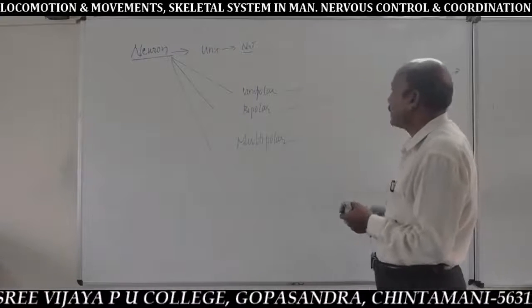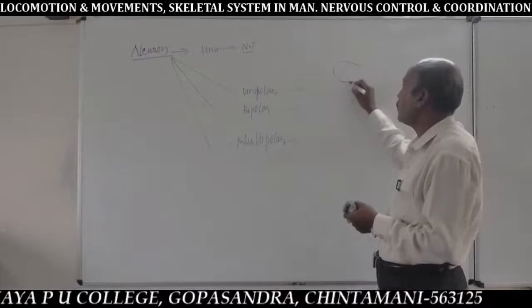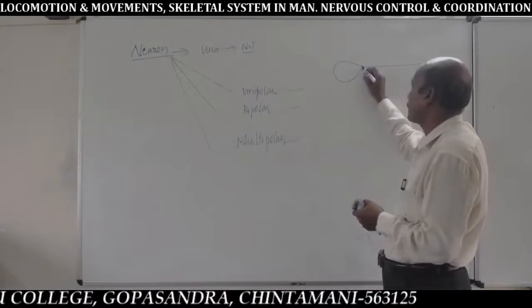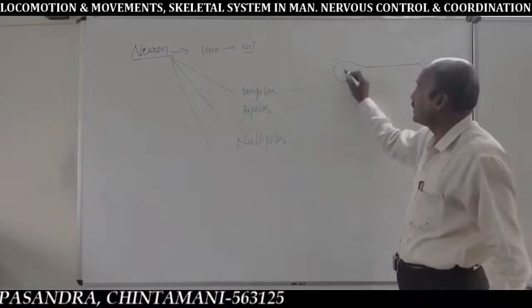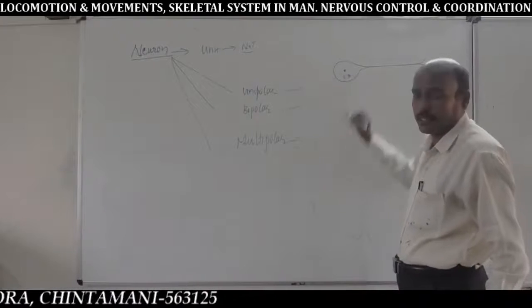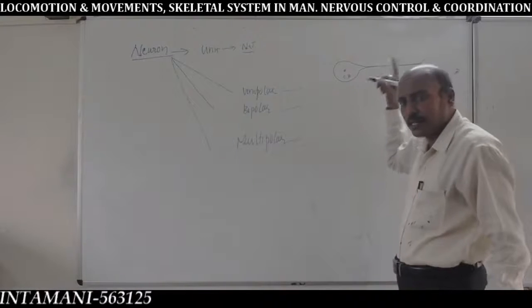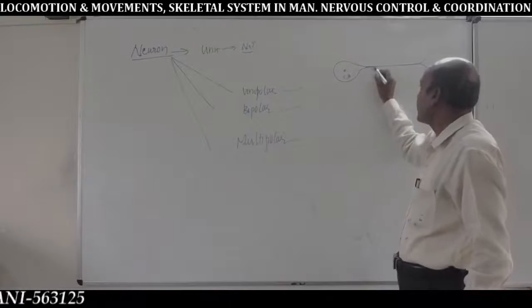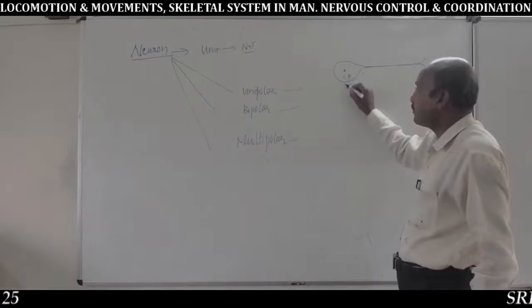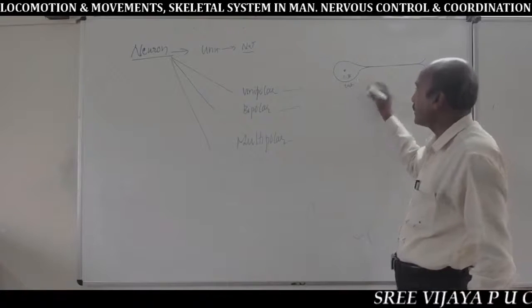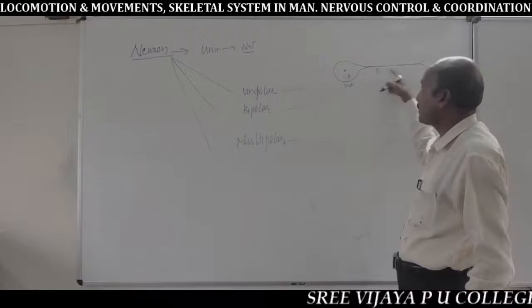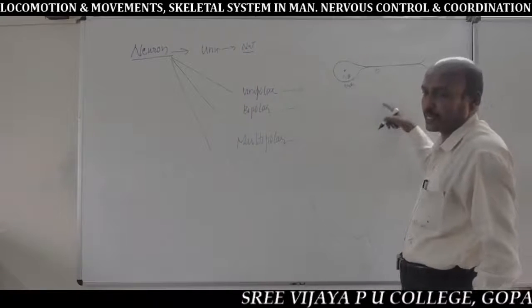In a unipolar neuron, there is only one process or projection. For example, this is the cell body or cyton or perikaryon, and this is the projection arising from the cyton. So, in the unipolar neuron, there is only one projection derived from the cyton.